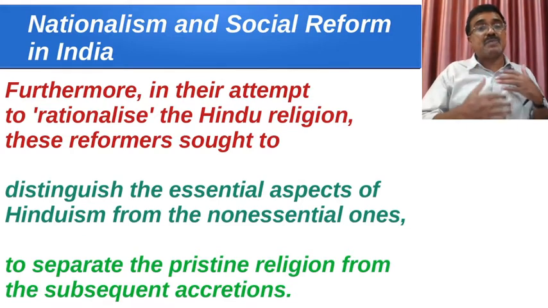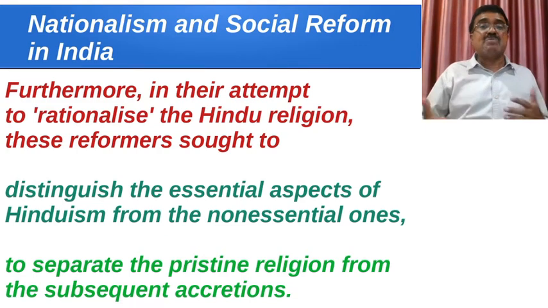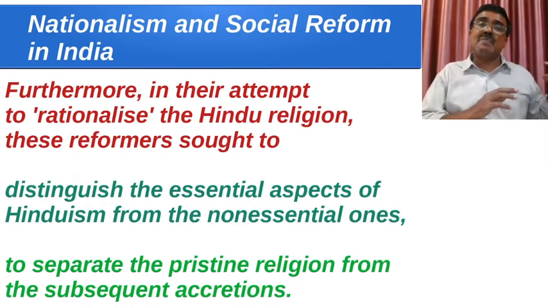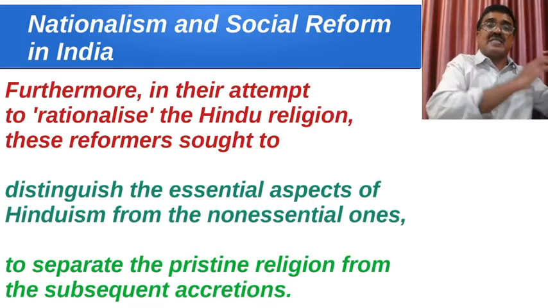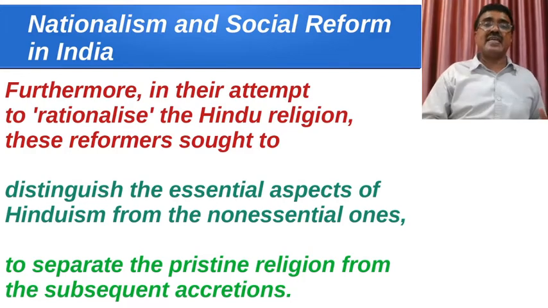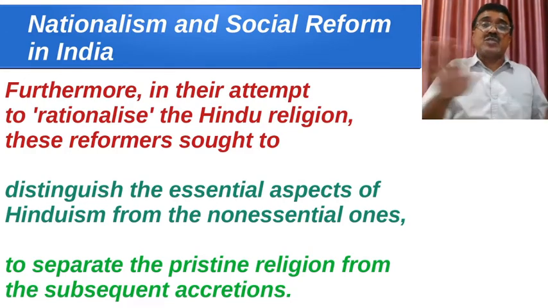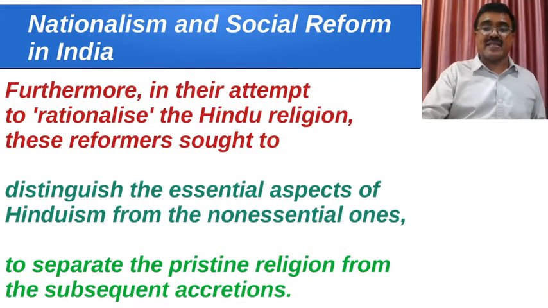Subsequently, accretions happened, a large number of corruptions, malpractices and evil practices came into the religion and our culture. So we have to remove that and go back to the pristine religion or pristine culture. Such a way of thinking was also there regarding social reform movements. It was not monolithic. Different types of ideas were there.